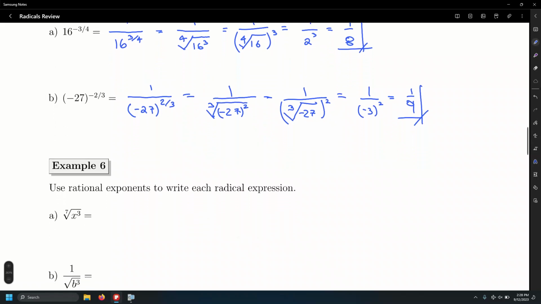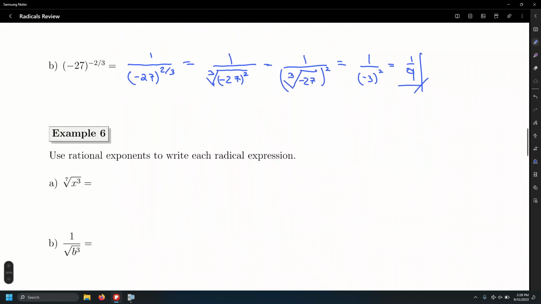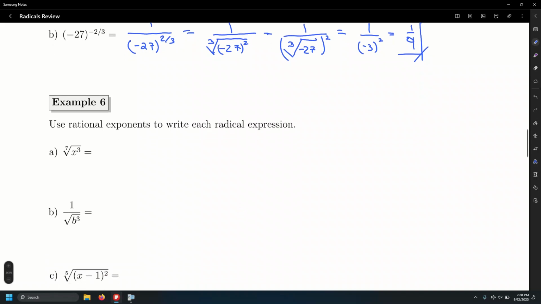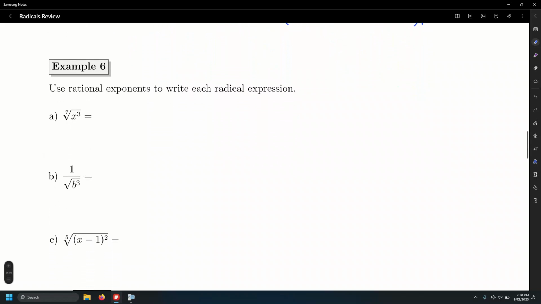Okay, example number 6. So now we're going to do, in a way, this backwards. We have these radical expressions with powers inside of the radical, but now they're asking us to write them in terms of rational exponents, and if negative, that's also fine.